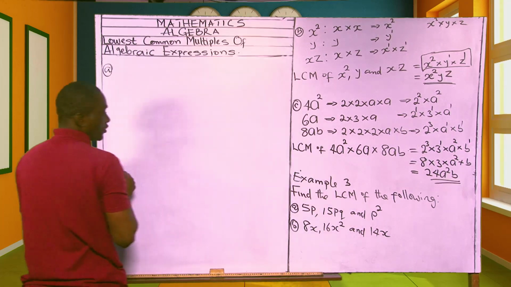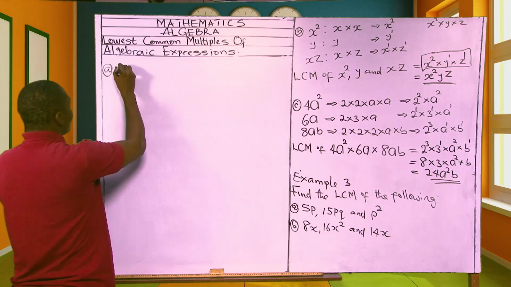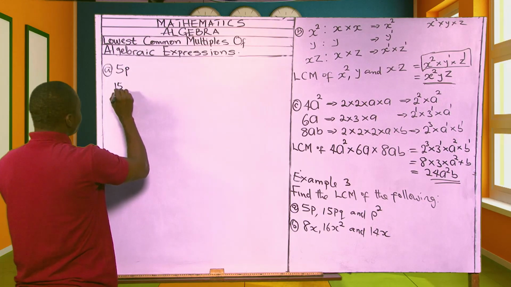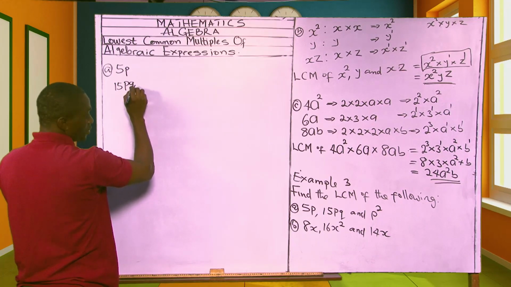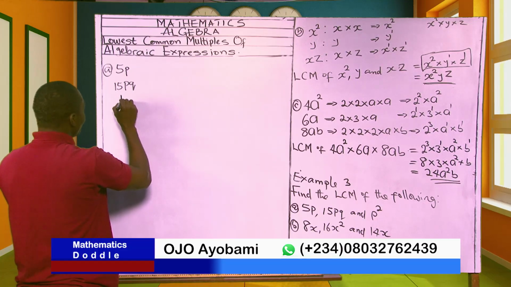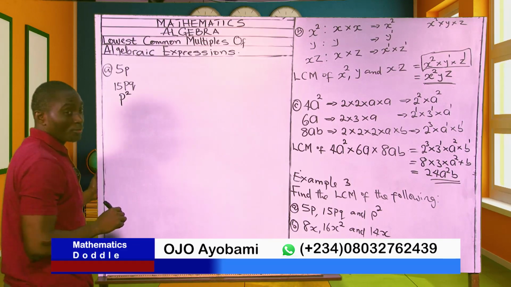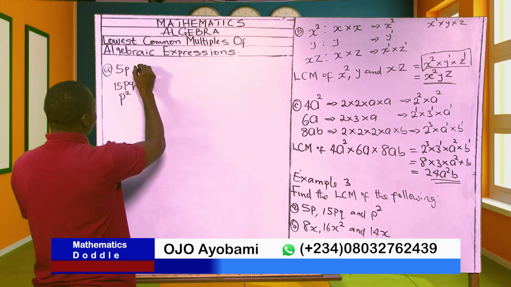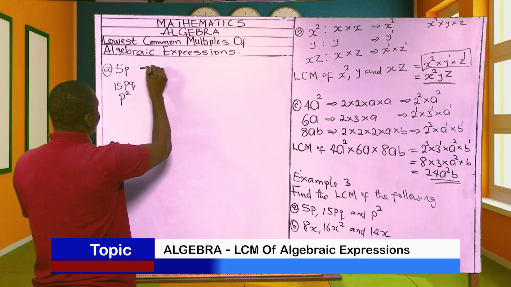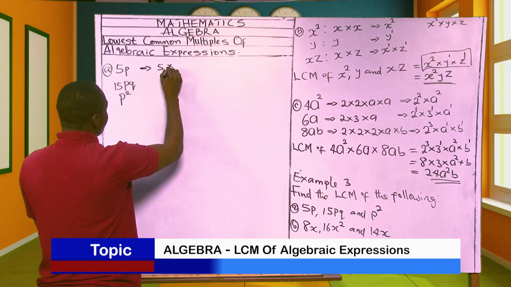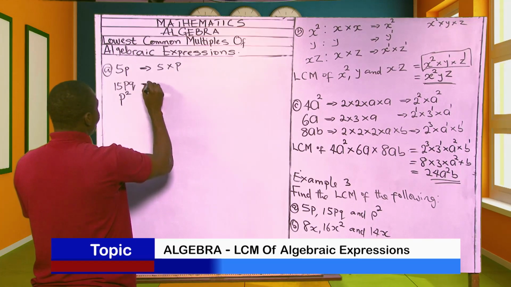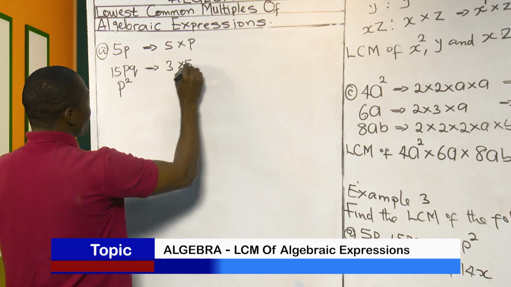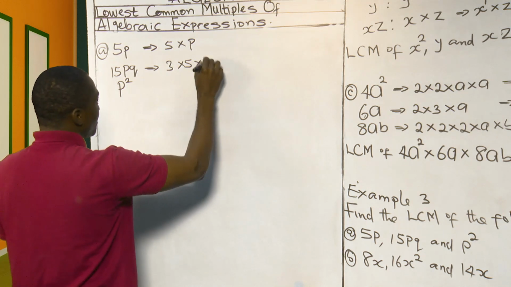Question letter A under the example 3. We have 5p, we have 15pq, and we have p squared. Now 5p, this is expressed as 5 multiplied by p, right? 15pq can be expressed as 3 multiplied by 5 multiplied by p multiplied by q.